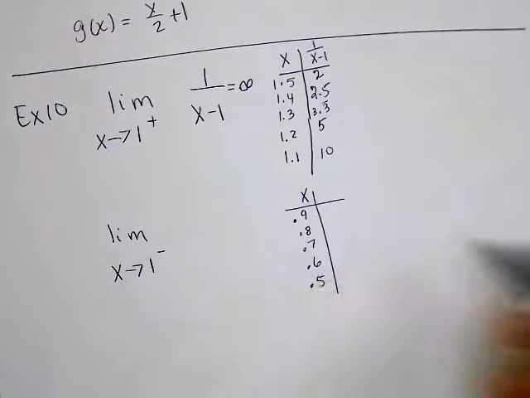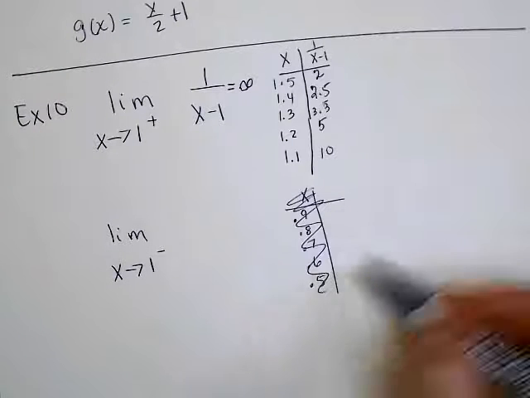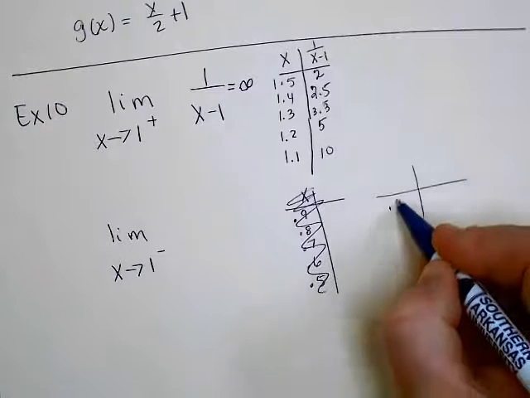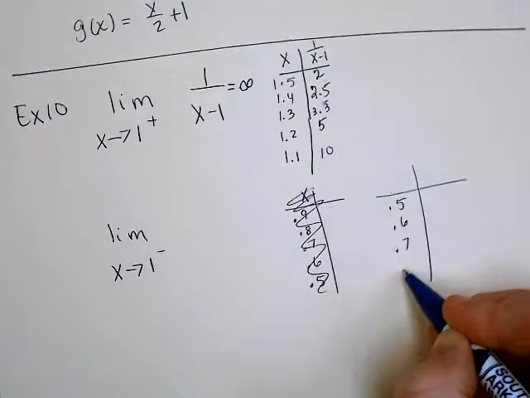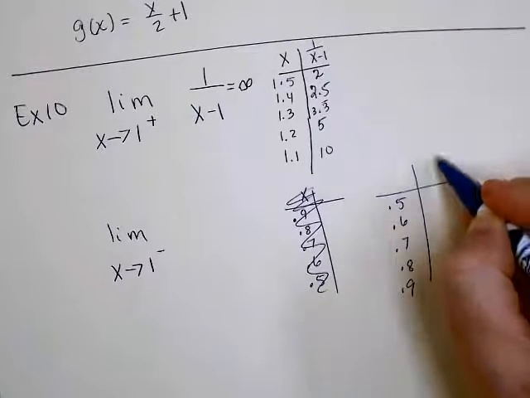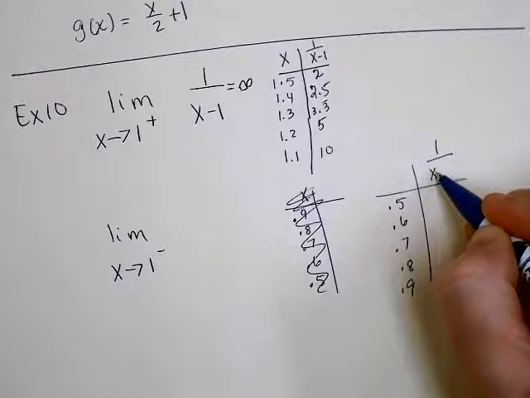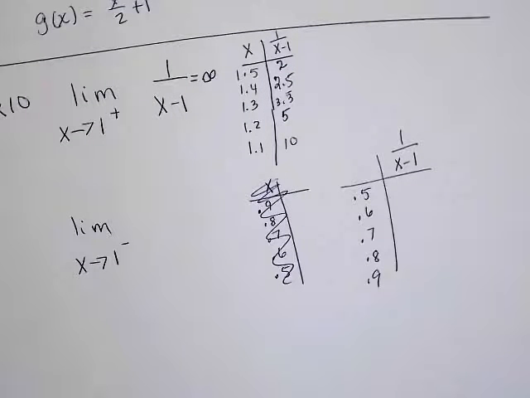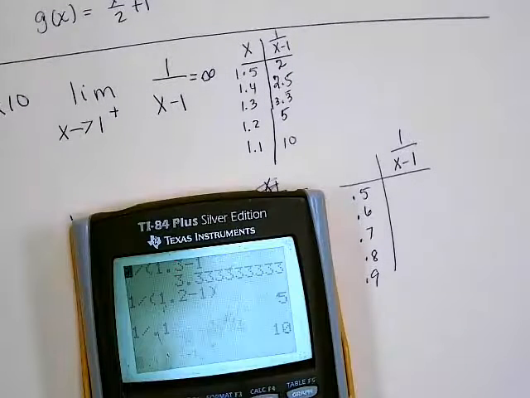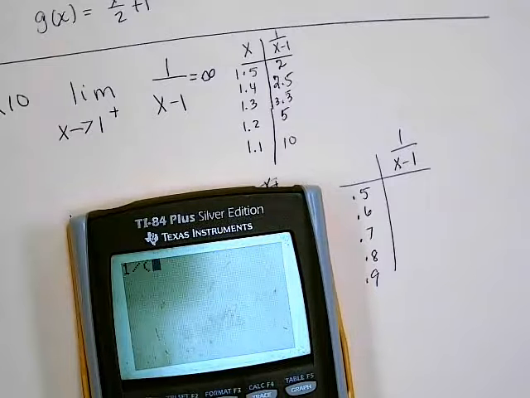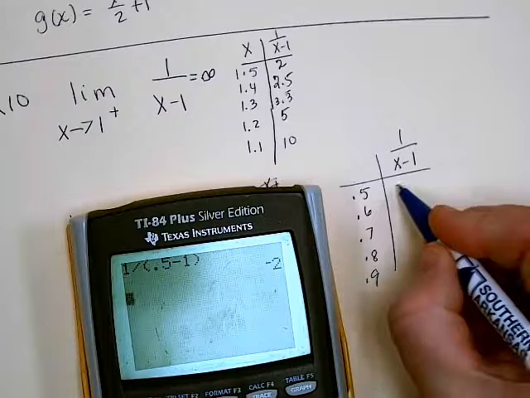I think I built that table backwards. That's not what I want to do. As I approach from the left, I want to build it where it's 0.5, 0.6, 0.7, 0.8, 0.9. 1 over x minus 1. So, plug that in.